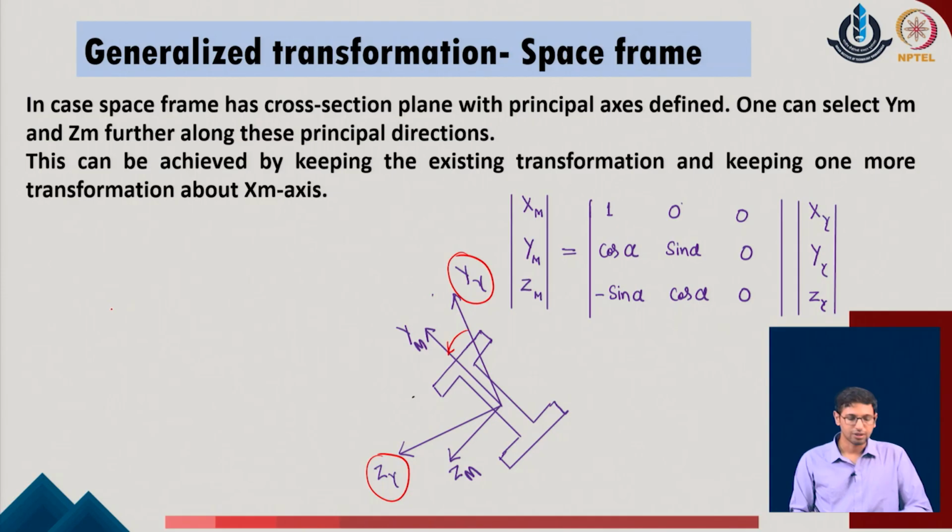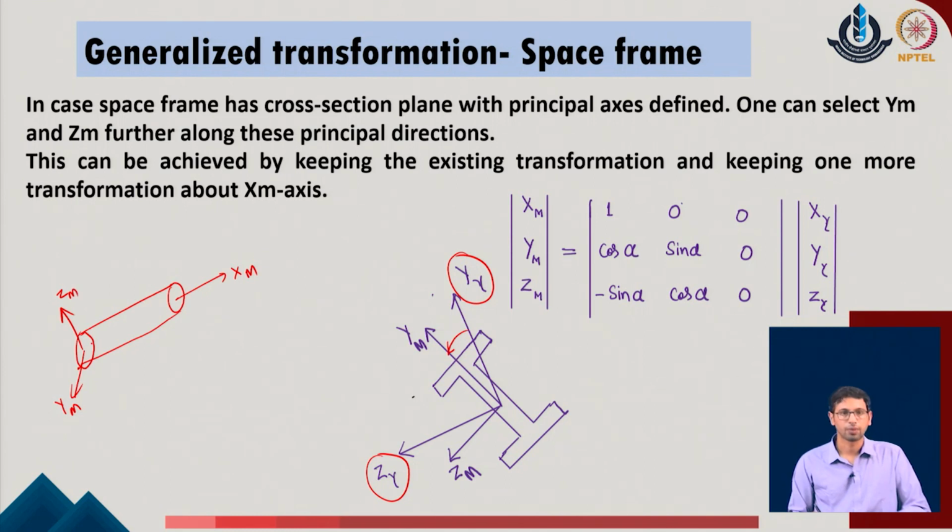So, this is the understanding that you initially started with the member somewhere. I will just try to make it like this: initially we had this as the x of m direction, and y of m and z of m directions we were not clear with. So, we identified some rotation in such a manner that the initial system which was considered, we first tried to rotate it with respect to the y axis.